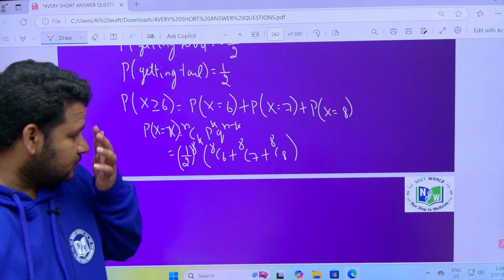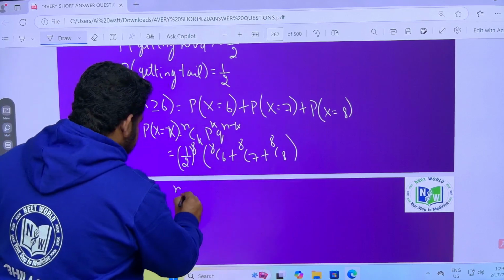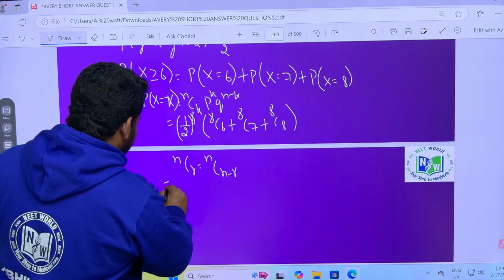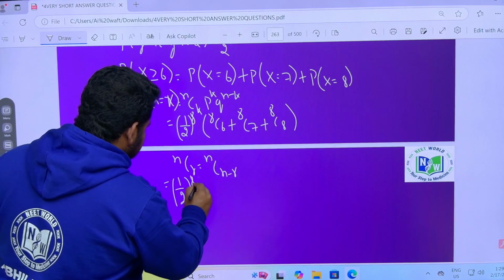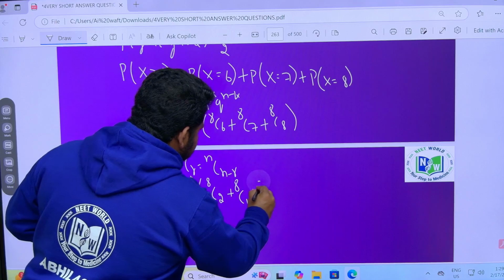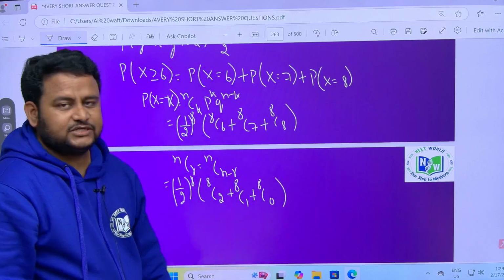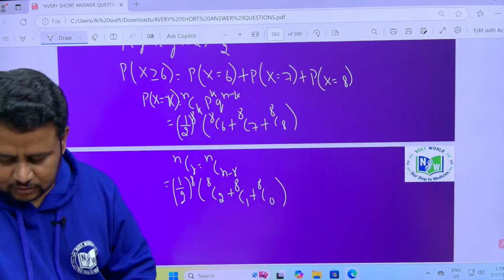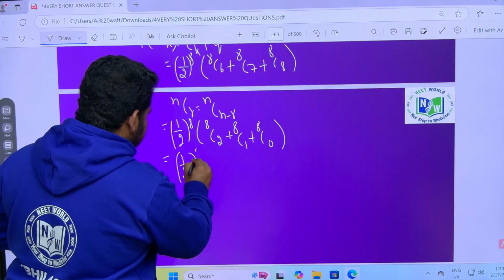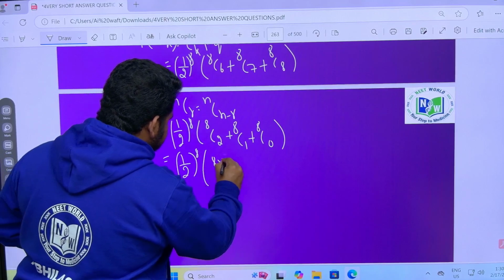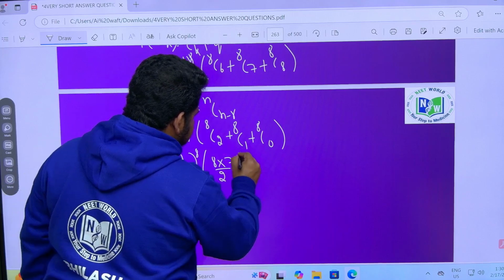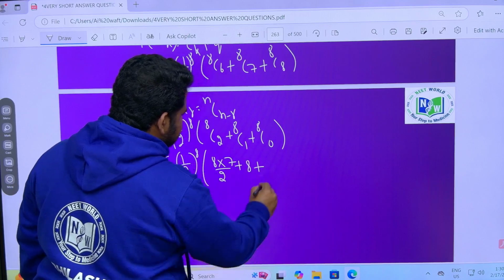Now we have the formula nCr is equal to nC(n minus r), that we can apply here. So this will be equal to 1 by 2 to the power of 8 times 8C2 plus 8C1 plus 8C0. 8C2 we can write as 8 into 7 divided by 2 factorial, that is 2, plus 8C1, which is n itself, so 8. 8C0 is 1.